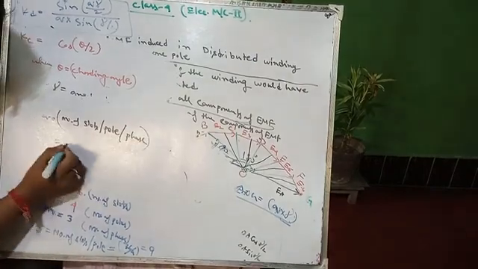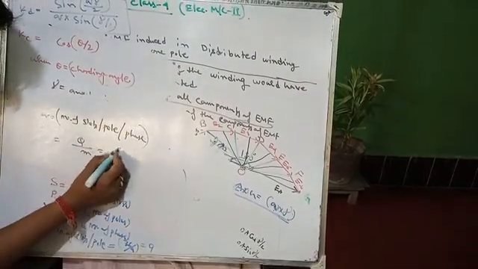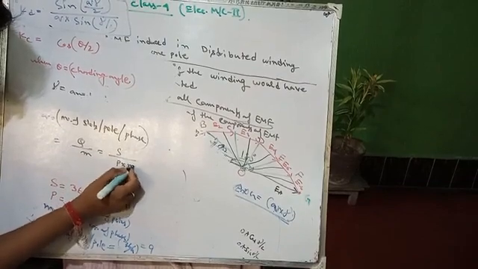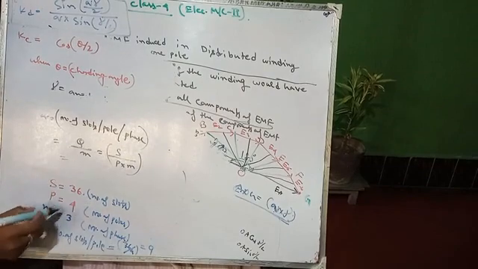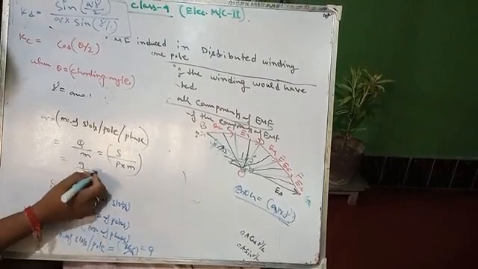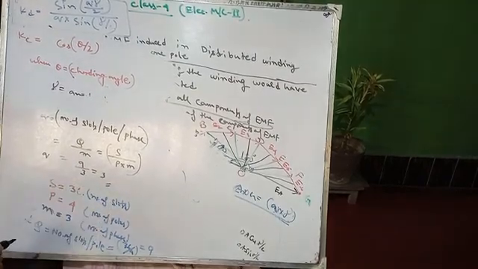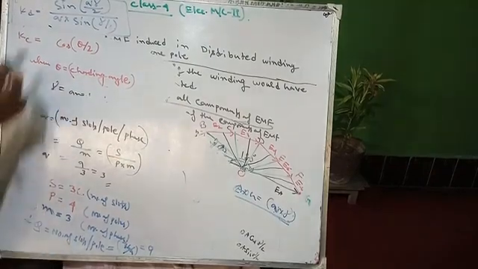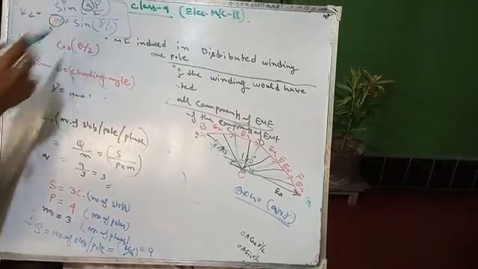Which will be capital Q by small m, or you can directly apply S by P into M, whatever you prefer. Applying the same thing, 36 by 4 into 3 is 3, or 9 by 3 is again 3. So small q equals 3. In this formula we have small q, so small q is a known quantity now. Now you have to find gamma.